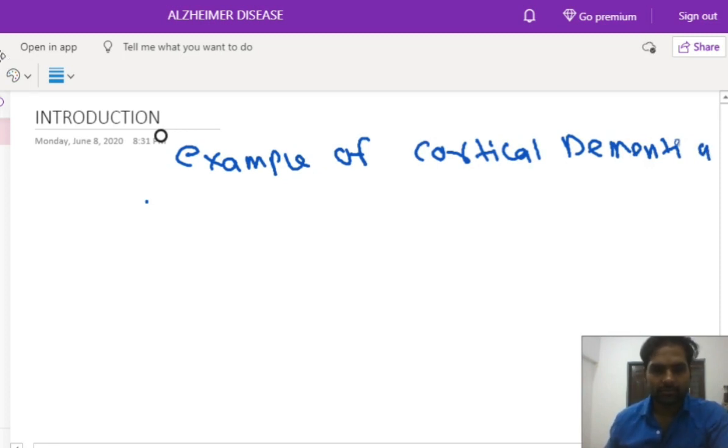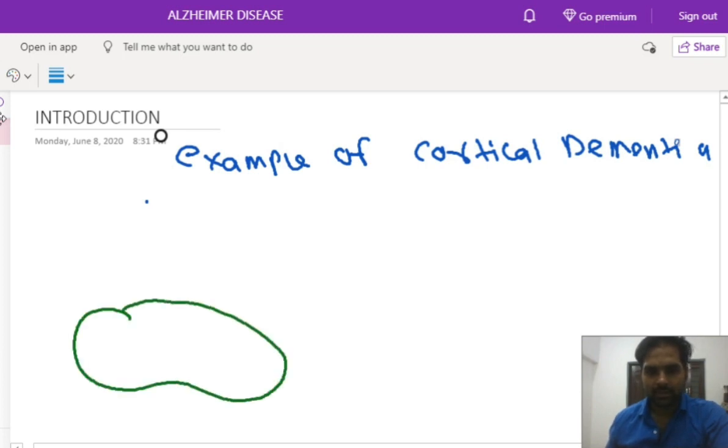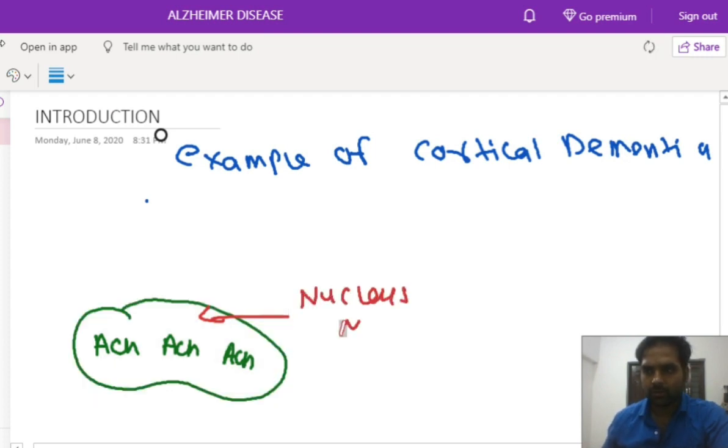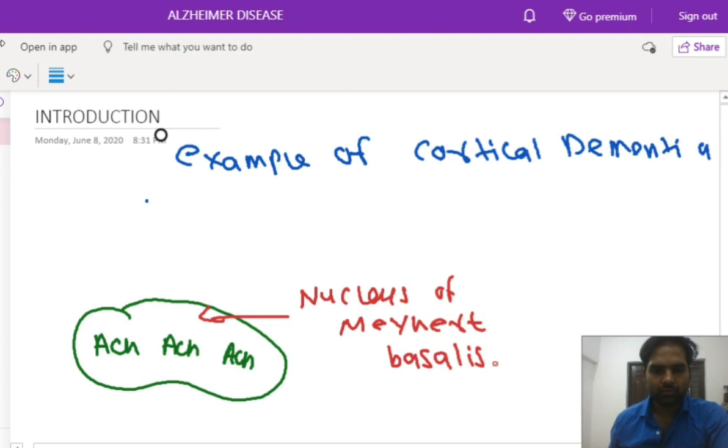In the brain we have one area which is fully loaded with acetylcholine, and this area is called the nucleus of Meynert basalis. But in case of Alzheimer disease, the acetylcholine level will be decreased. This is the main pathology in Alzheimer disease.